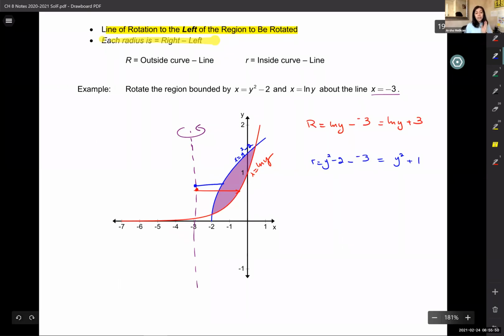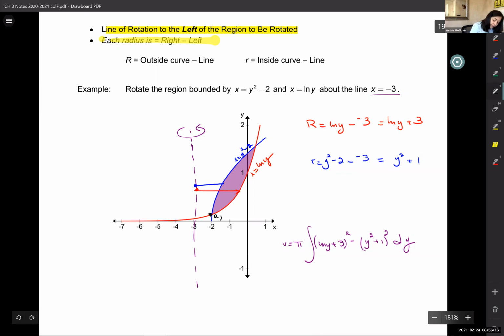That's probably the hardest part, where you have to visualize. And then the rest, you just build using pi, R squared minus r squared. So pi, ln of y plus 3 squared minus y squared plus 1 squared dy. And now what about the bounds?